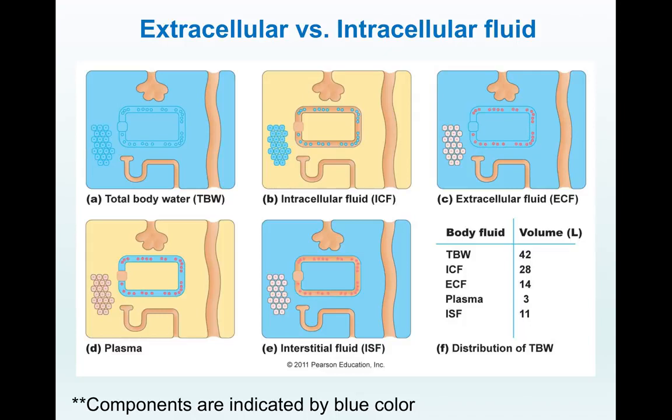You can see based on this picture that the total body water is a significant amount of space. So this picture highlights what we consider as extracellular and intracellular fluid. Now, intracellular fluid, you can see, is referring to the fluid that is found in your cells that are highlighted in blue.